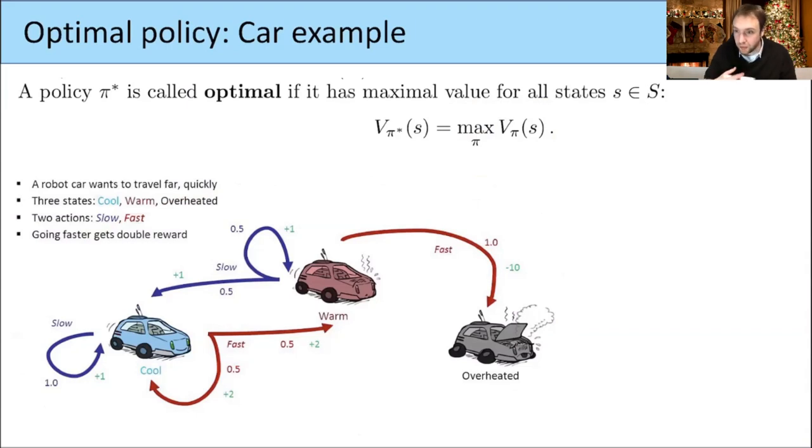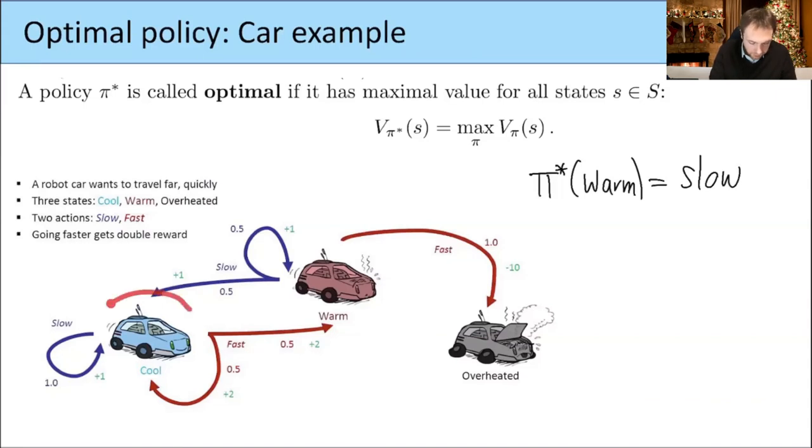In this car example, it is quite clear what the optimal policy was, because of course we always want to go fast, but if we are warm, we don't want to go fast, because with 100% we have a reward of -10. So clearly the optimal policy of warm should always be slow.